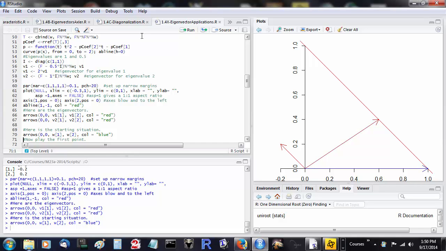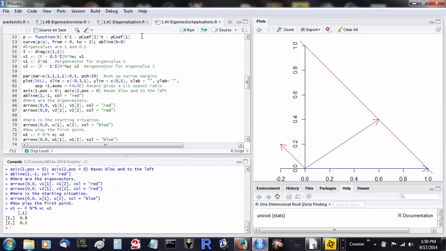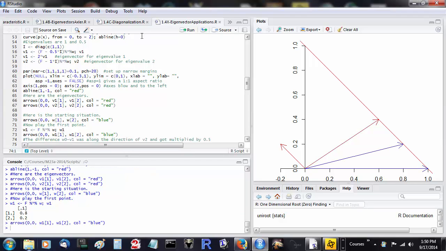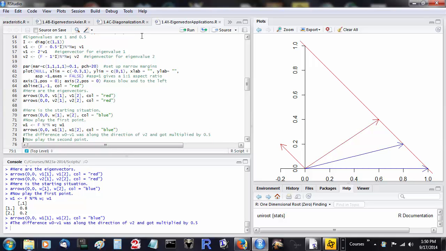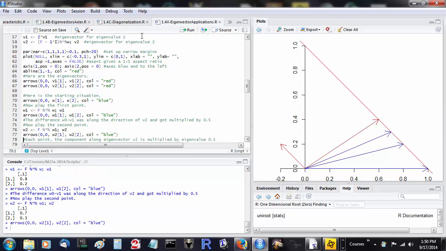The second eigenvector has an eigenvalue of 0.5, and so every time we play a point, multiply by F, it gets multiplied by 0.5. And now that's quite clear on the diagram. The discrepancy between the original blue vector and the final red vector has been cut in half. We play another point, the same thing happens again.